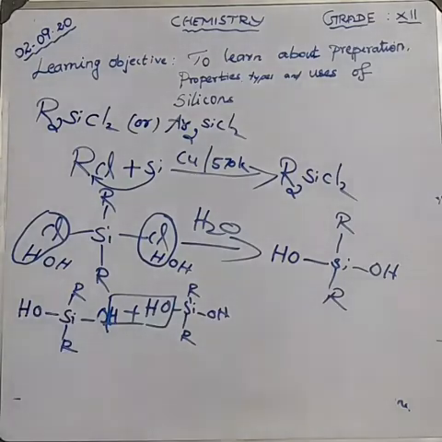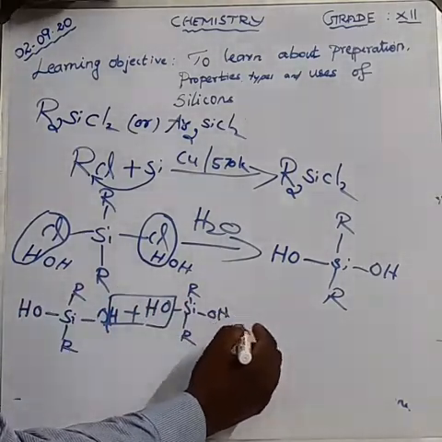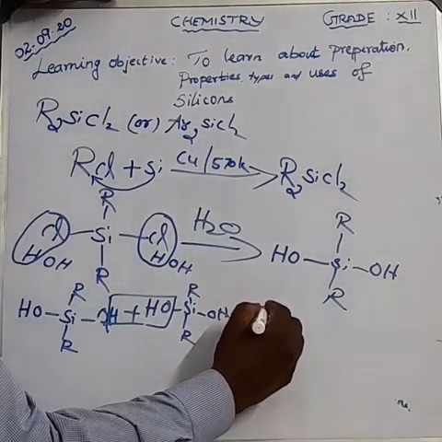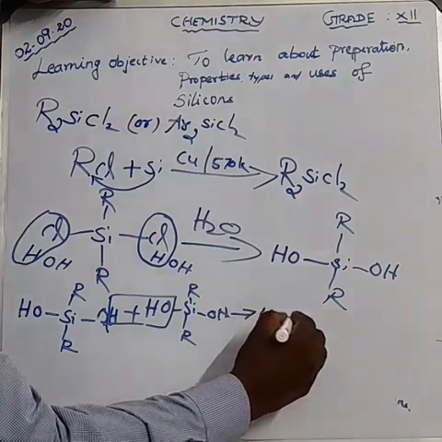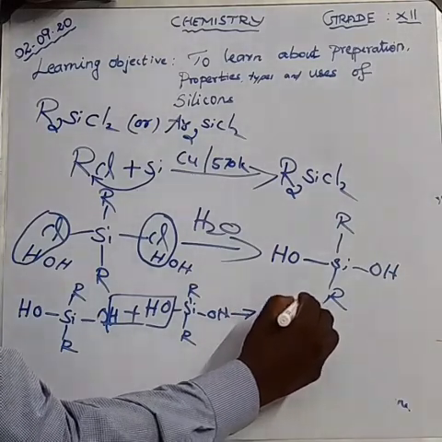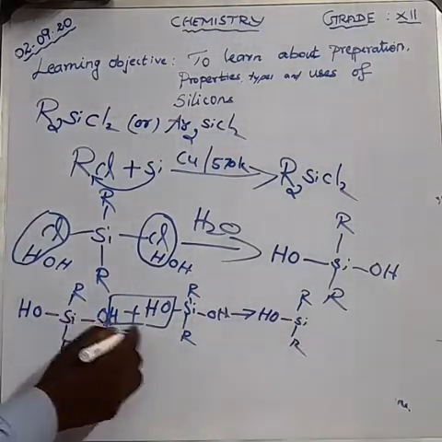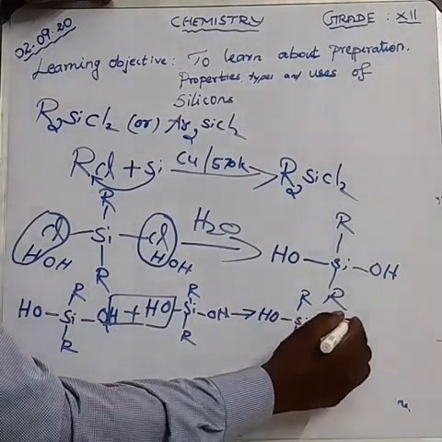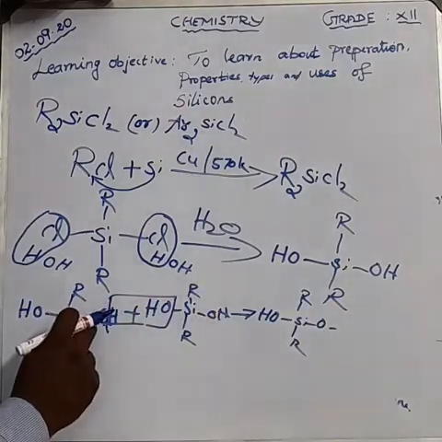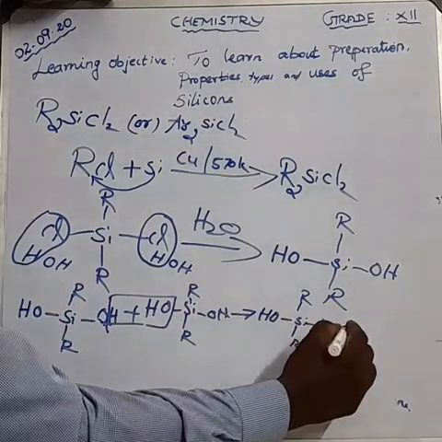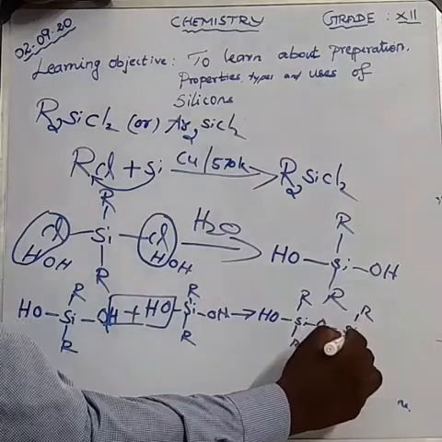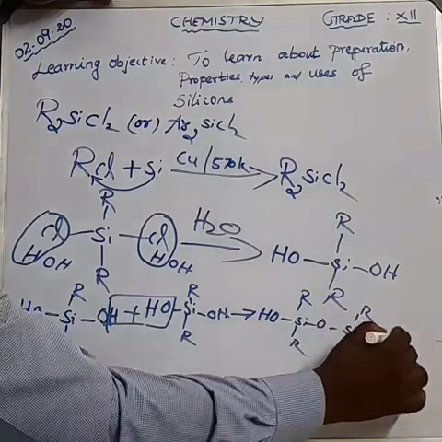Clear? So the product is the OH group, SiRR, next oxygen, after oxygen, SiRROH.